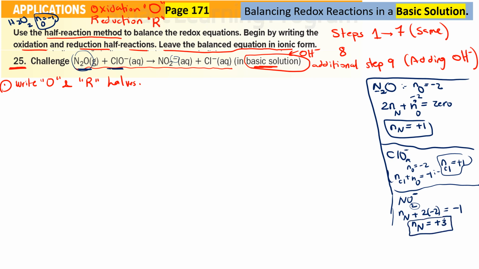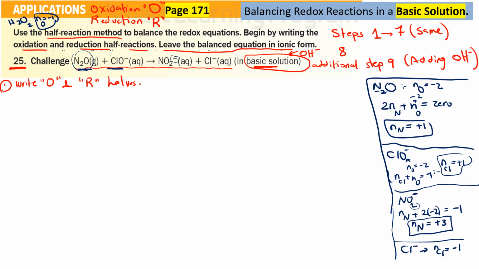So the oxidation number of nitrogen here is plus 3. Now Cl minus: the oxidation number is minus 1 because it's an ion.